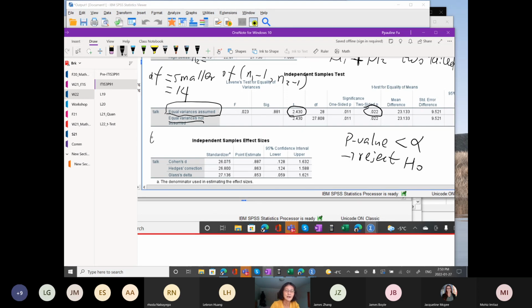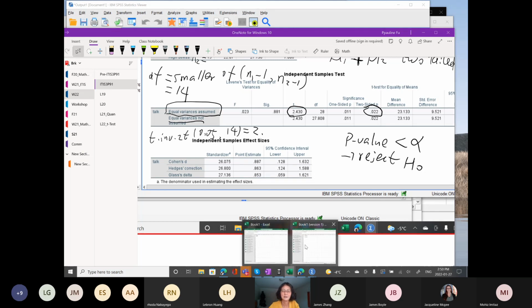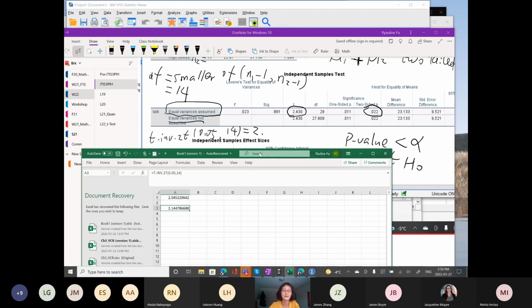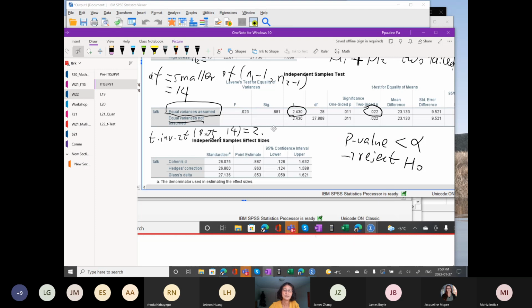So from Excel, T.INV.2T, 0.05, 14. Okay, so this is the critical value. Compare the critical value with the test statistic. You reject H0. The same conclusion. Okay. So that is a two independent samples test.